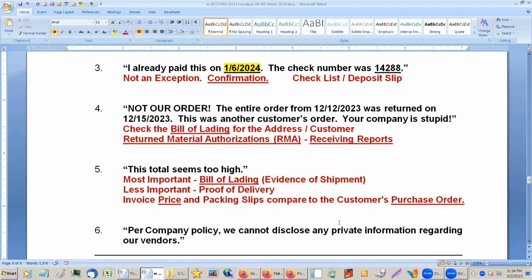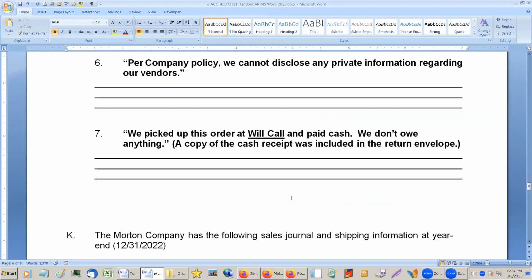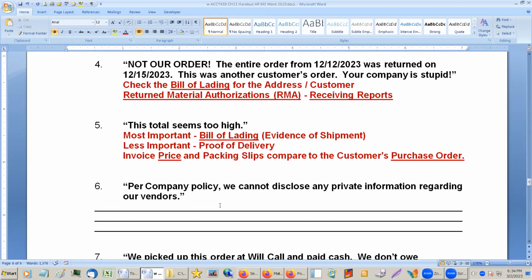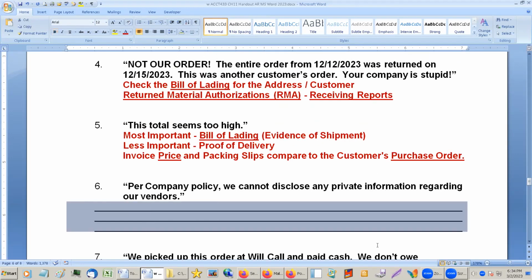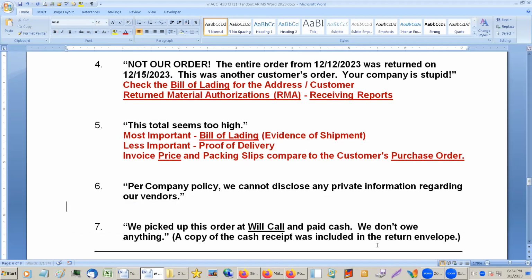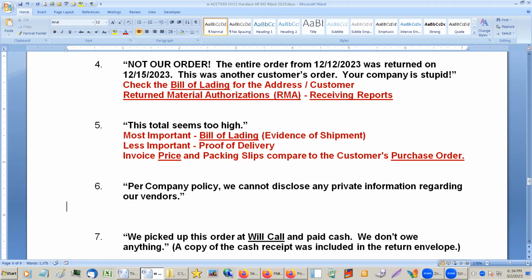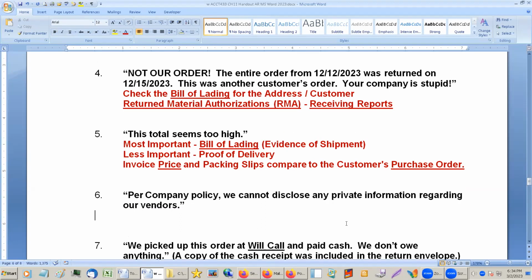Yep. Okay. For number 6: For company policy, we cannot disclose any private information regarding our vendors. Yeah, this is one of those companies that's run by lawyers.